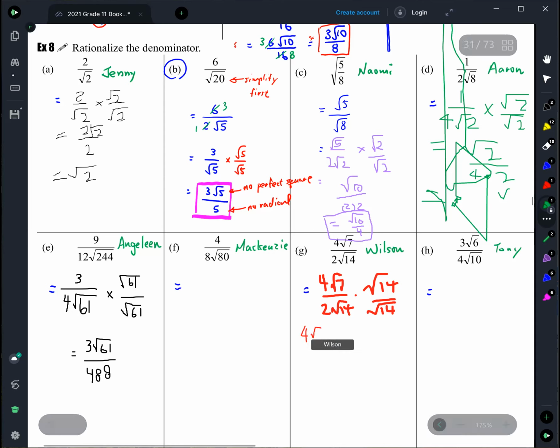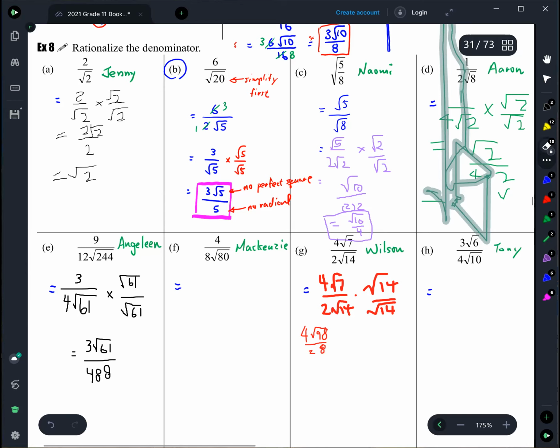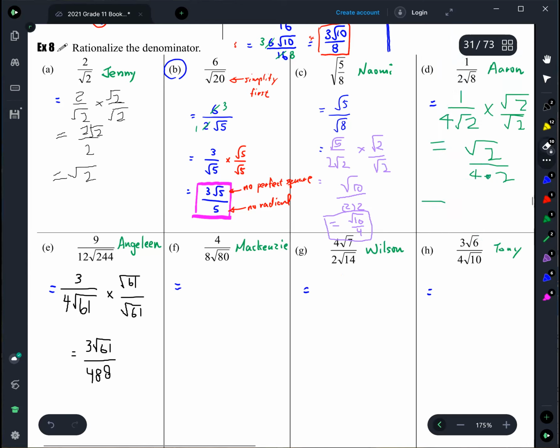Let me see if I can erase for you. I can't erase your work. Oh, I think you have control of it. Yeah, sorry about that. Okay, you can continue.